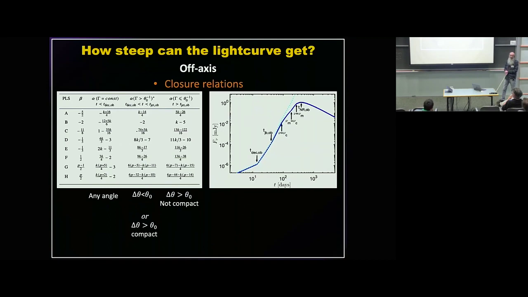So these are things that can help us tell if this is what's going on in a given event. And you can see that these asymptotic power laws match well with actual light curves that we get from numerical integration until the point where you get very close to the peak, and then you have some curvature that cannot be ignored.